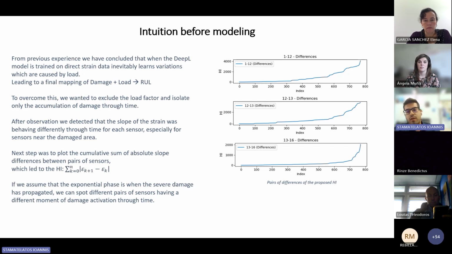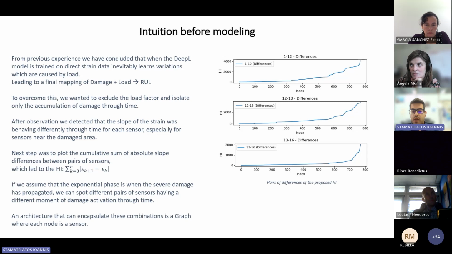So this is probably a damage indication, but for sure it's a non-linear indication, which is not something good. So this gives us a very good indication that something bad is happening to the material. Because we had 16 sensors, if you take all the possible combinations between pairs of the 16 sensors, it's a lot.